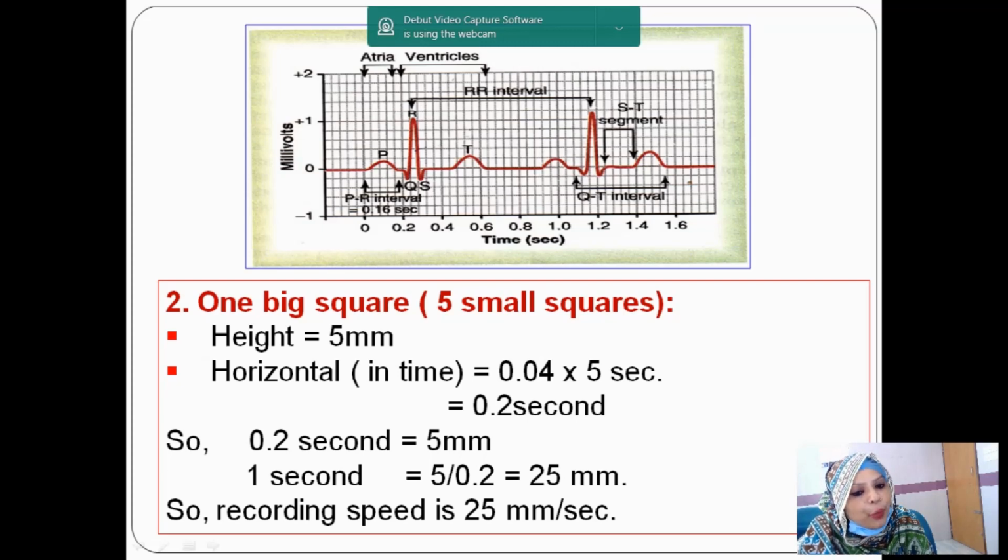So for 0.2 second the height is 5 millimeter. For 1 second, that is 25 millimeters. So the recording speed is 25 millimeter per second.